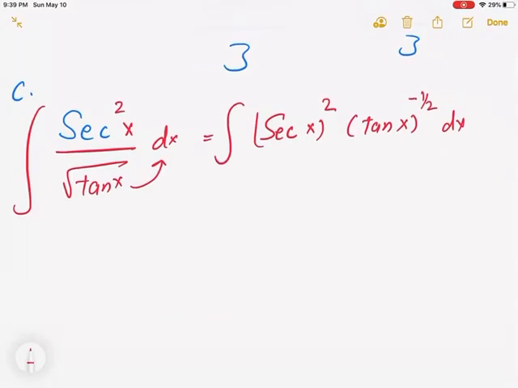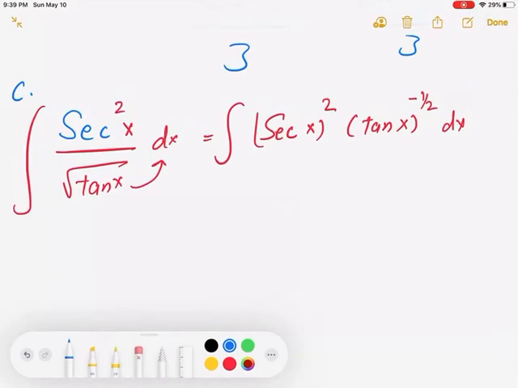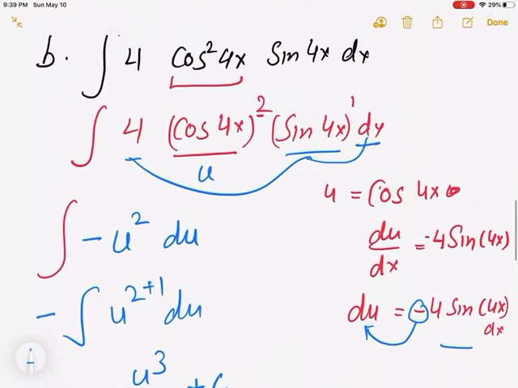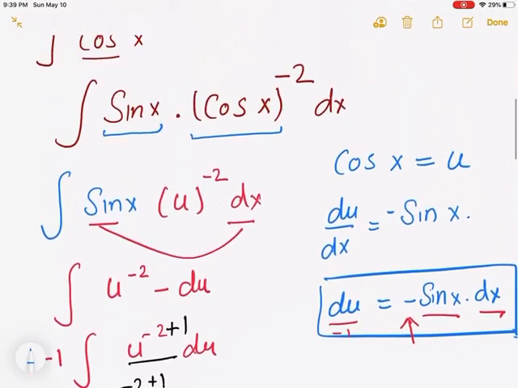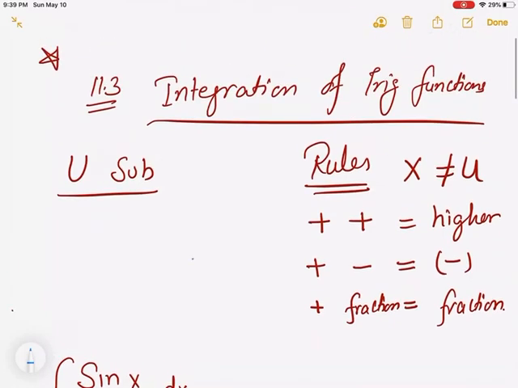Or how about, instead of U-substitution, I show you pattern recognition for this, just in case you want to try. In order to apply pattern recognition, this is what we do. First, you need to identify the part that you think is the original equation. I would still follow these rules.